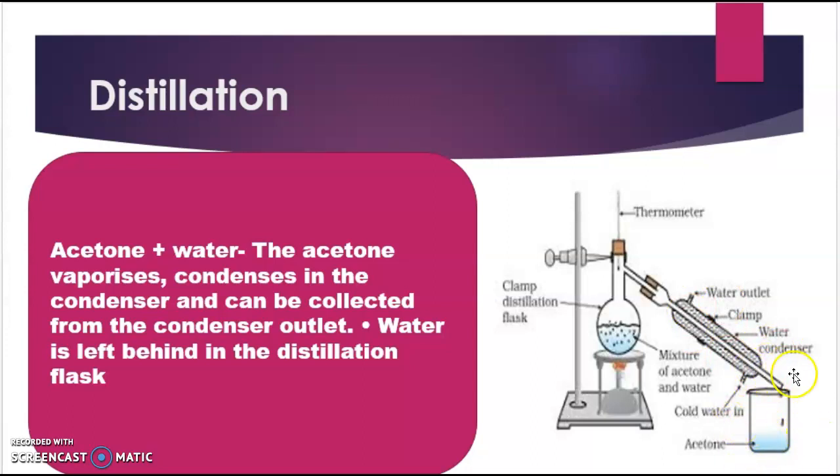So you can see how we can obtain acetone from water if both are dissolved and form a miscible solution. This way we can obtain different components from their mixture by the distillation process.